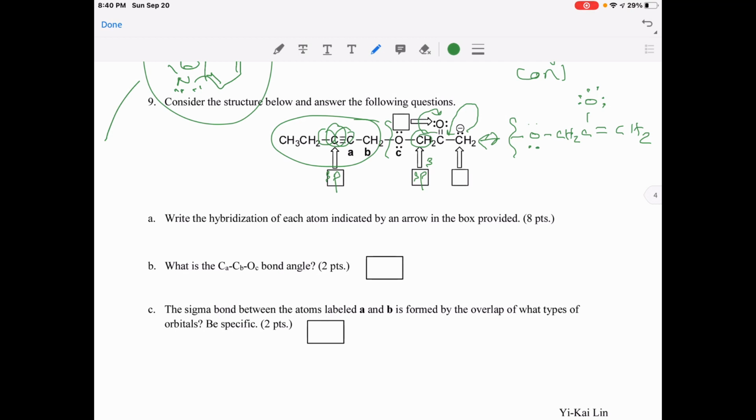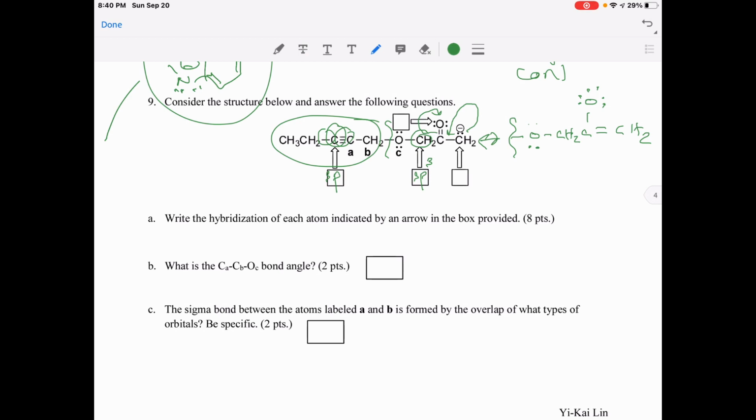Hybridization is attempting to lower the energy of the molecule, right? So we want to find the configuration that gives us the lowest energy. When you have lots of lone pairs, that increases the energy of whatever atom you're focusing on. So what you want to do in this situation is try to find the configuration that gives you the least number of lone pairs possible and the most number of double bonds or other types of bonds.